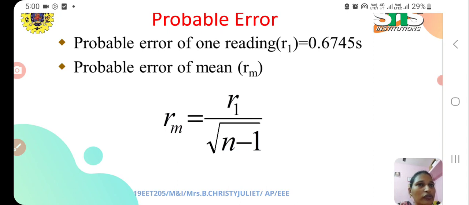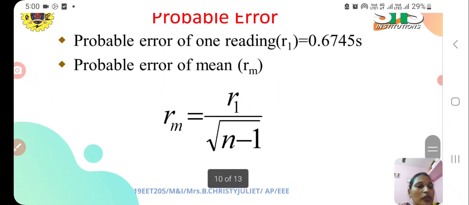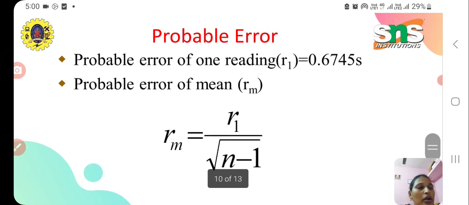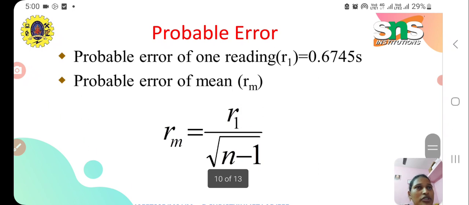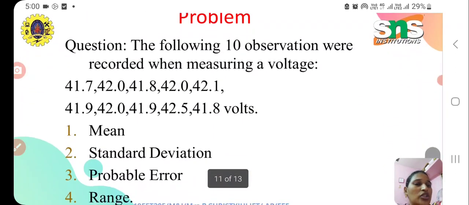So by rounding off, we are creating an error. Also, another possibility of probable error is misreading the readings. If I take a mean value of this probable error, then Rm is equal to R1 divided by root of n minus 1. So the probability of getting more probable errors is found by this equation.